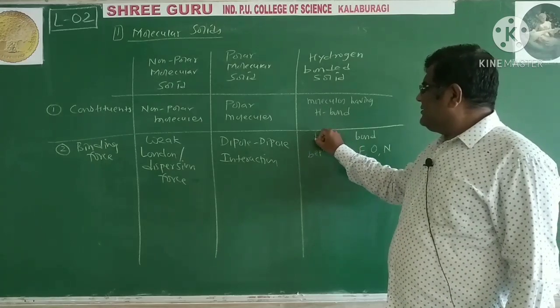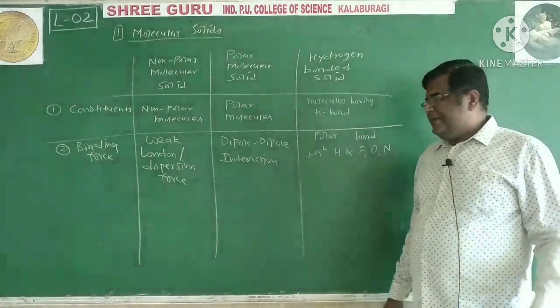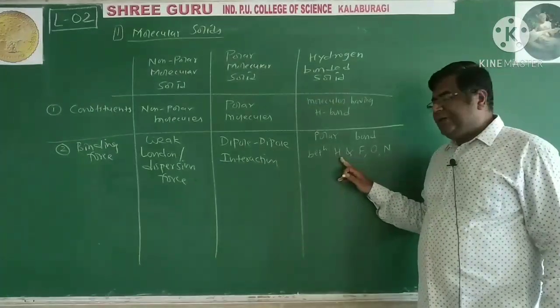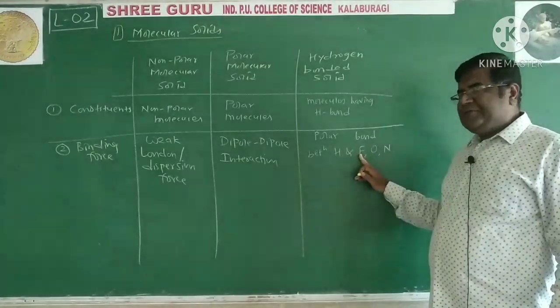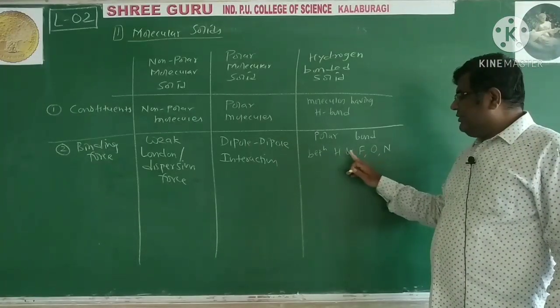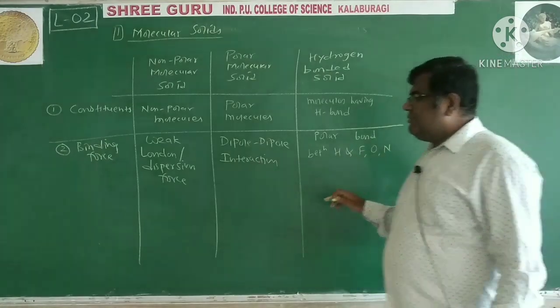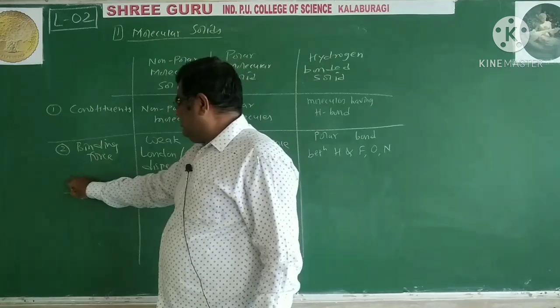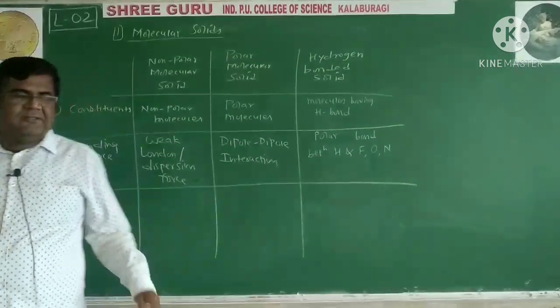We will call it a polar bond. A kind of polarity exists because hydrogen is least electronegative, fluorine is more. So fluorine has partial negative charge and hydrogen partial positive charge, like that. So this is the binding force involved in all these solids.